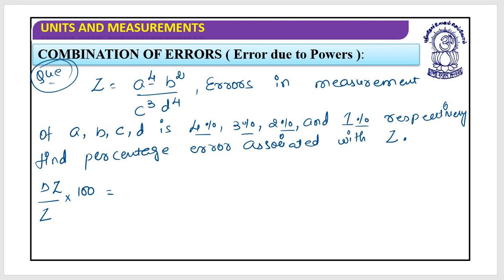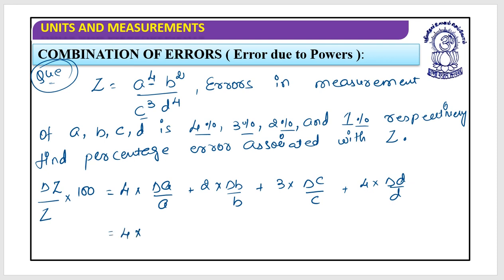Now what you need to do is multiply each fractional error with its power. So this is 4 into delta A by A plus 2 delta B by B plus, as it's C cube, 3 into delta C by C plus 4 into delta D by D.